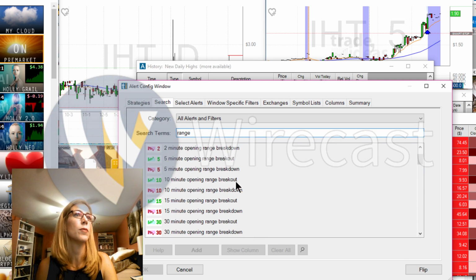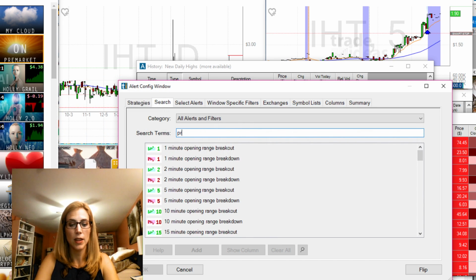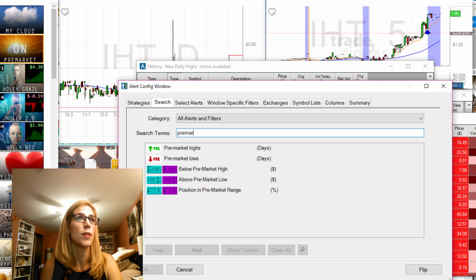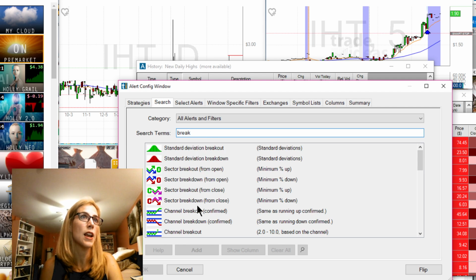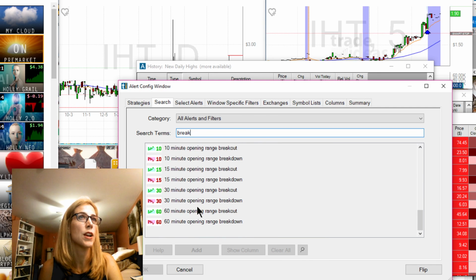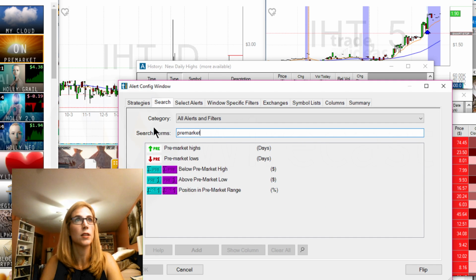So you can see like, okay, 15-minute breakout from opening range, and in fact, something that I haven't used yet, but there is pre-market highs above pre-market lows. Let's see, breaking out, opening range breakout, but we could do pre-market.